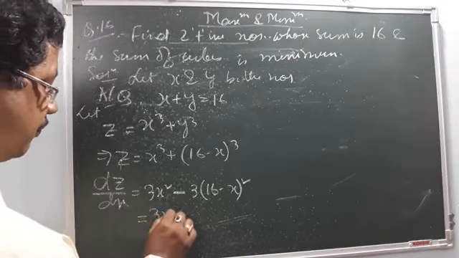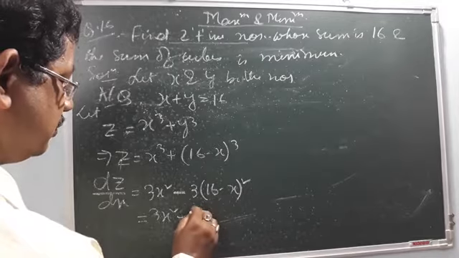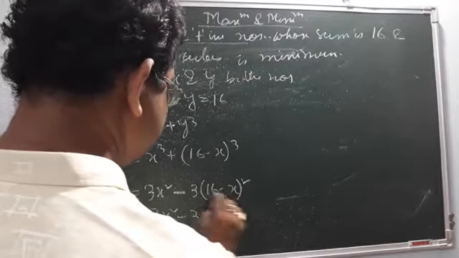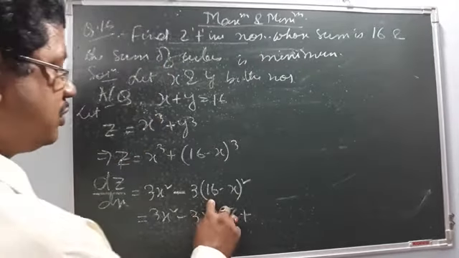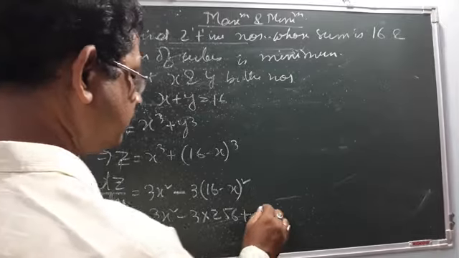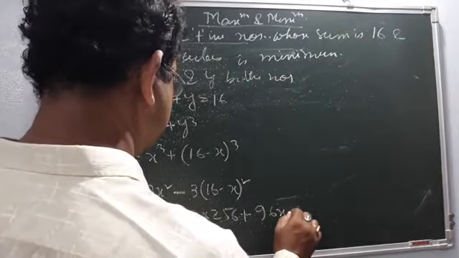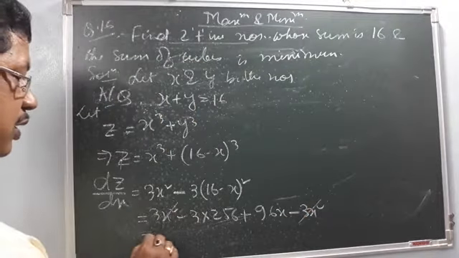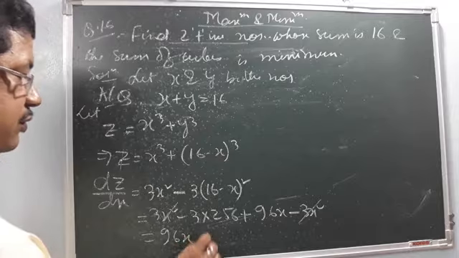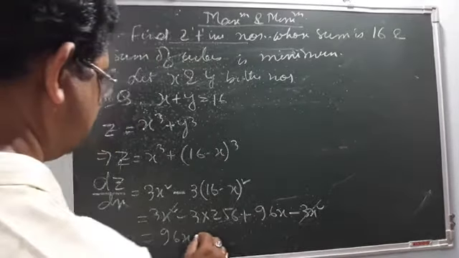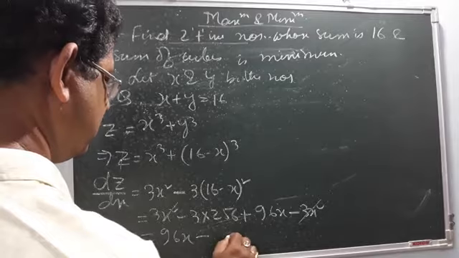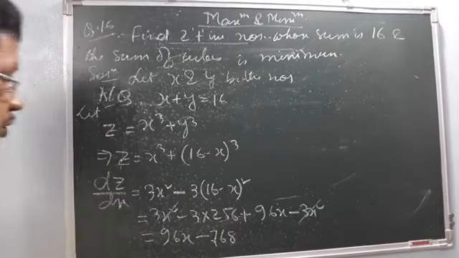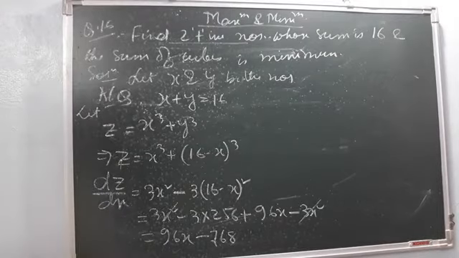Now we will expand. If we expand this one, then 3 into 16 squared, 256, minus 96x plus 3x², so the 3x² terms cancel and we will get ultimately dz/dx = 96x − 768.